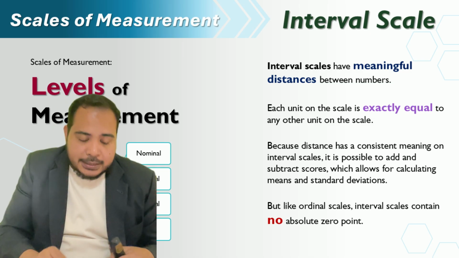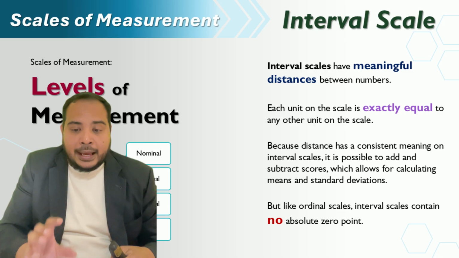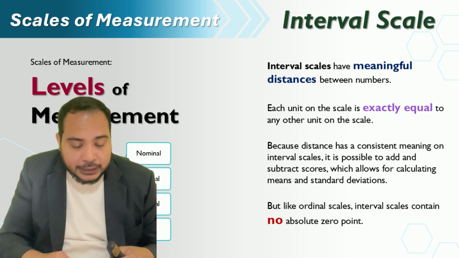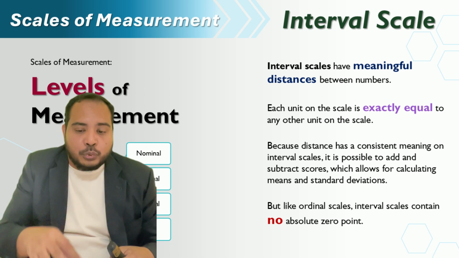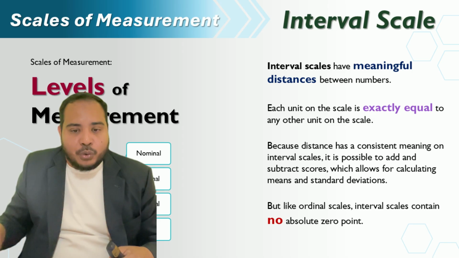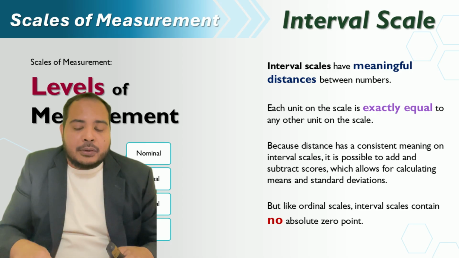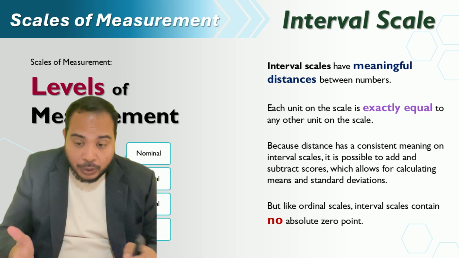So in this case, for interval scales, because distance has a consistent meaning, it allows us to add and subtract scores, which in this case allows us to do more statistical analysis. Why?